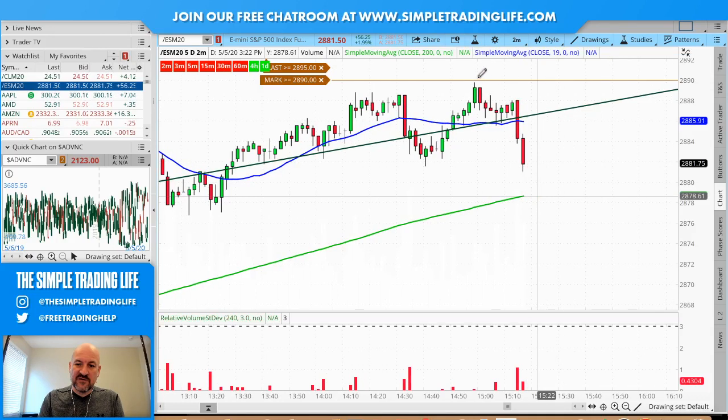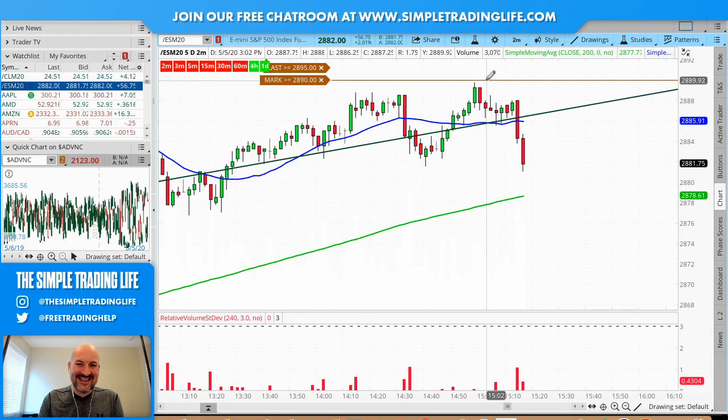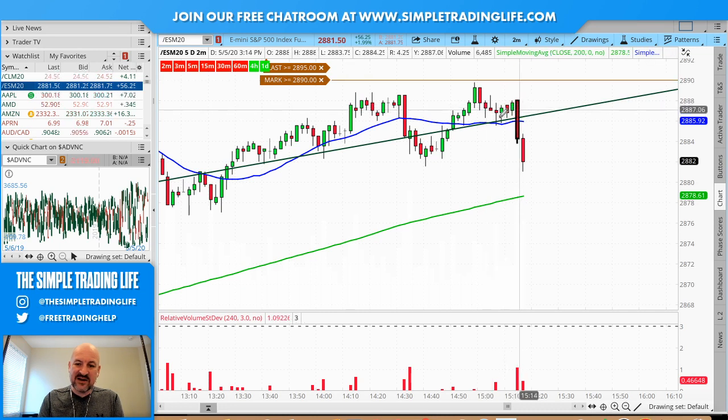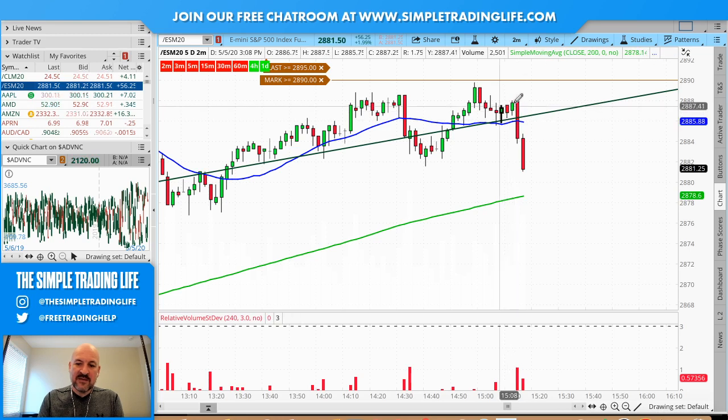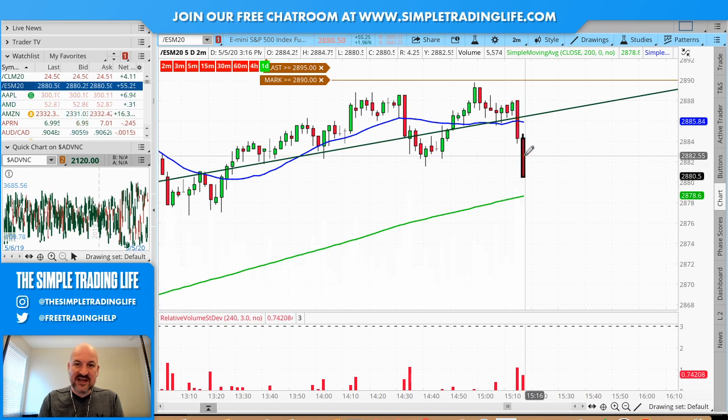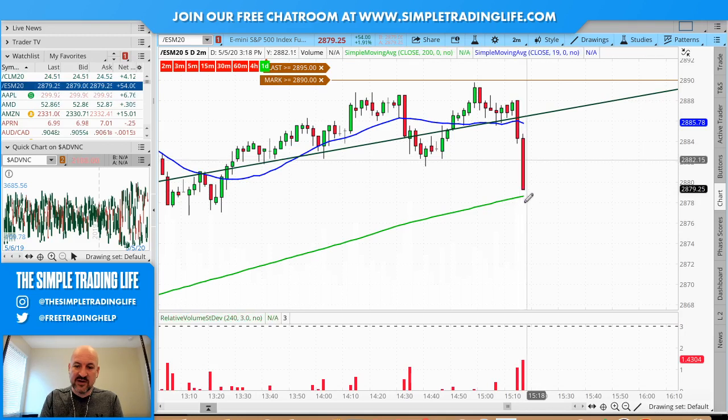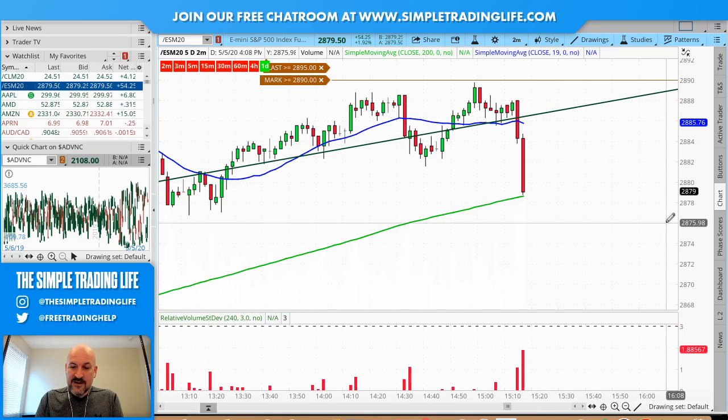I felt more comfortable if we could get back up here and break this than this move down here because of these little candles, just little candles chopping along. And if I get in here and try to go long, boom, this goes against me. There's no way I'm getting out of that easily, right? And look at it drop. It's probably going straight for the 200 here.